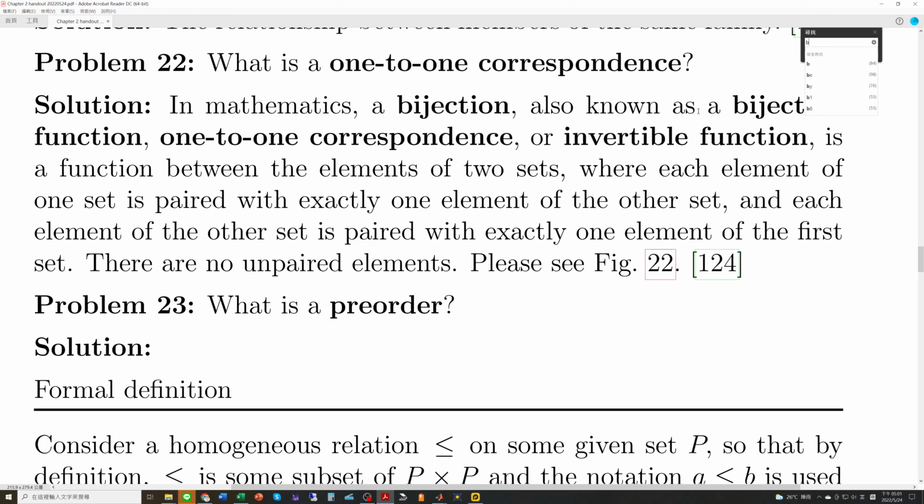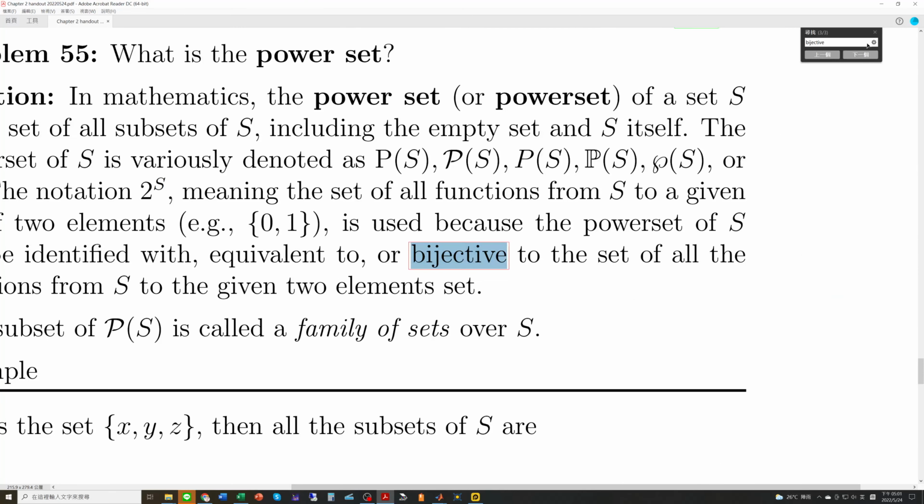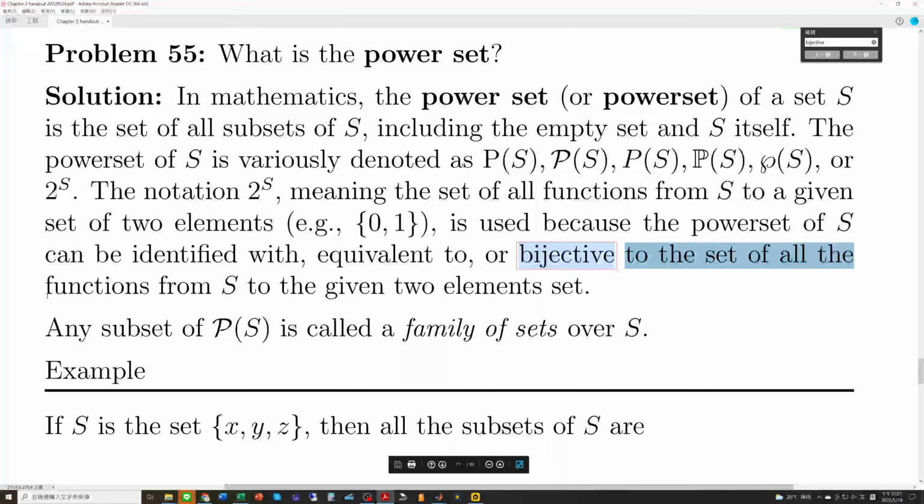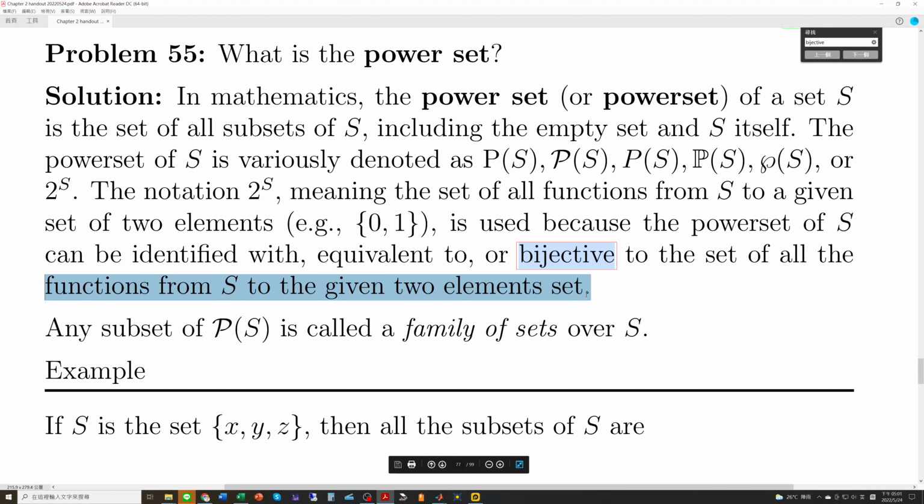Let us go back to the bijective. Or bijective to the set of all the functions from S to the given 2 elements set.